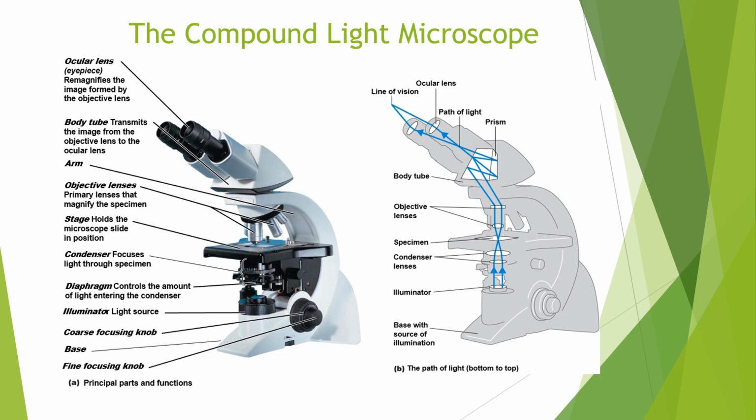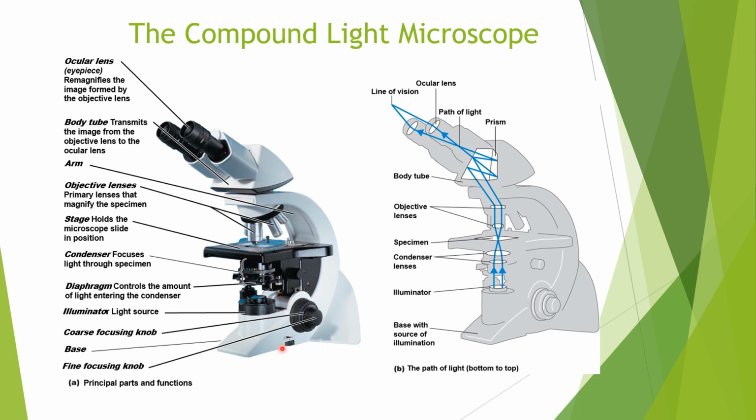This is how a compound light microscope looks. Let me show you the parts. Right here is the base. You set your microscope on your countertop, and the base is down here.